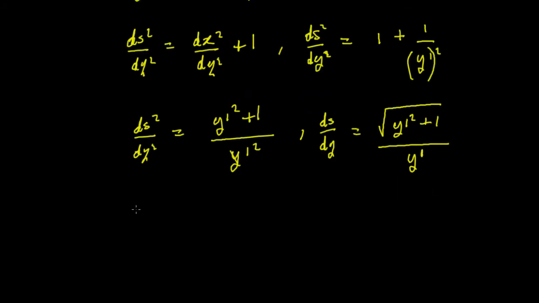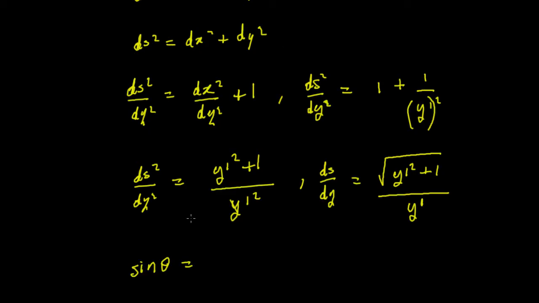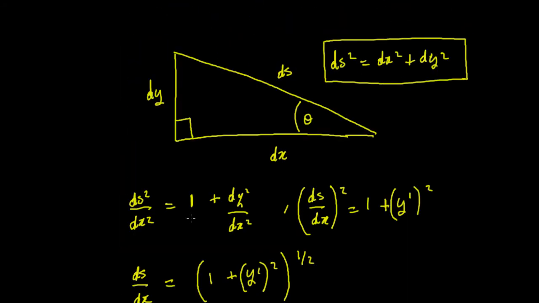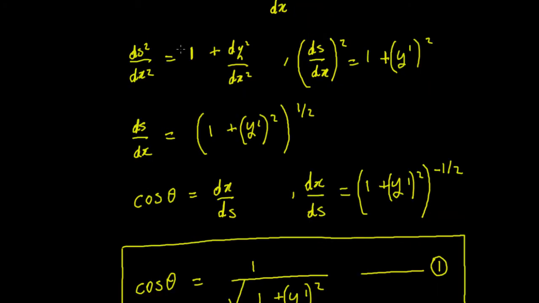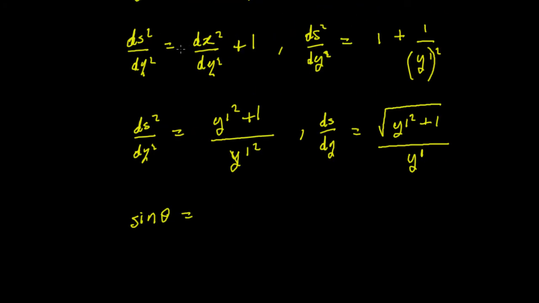Now we know that we can write sine theta, from our triangle up here, sine theta is going to be our dy upon ds. So we can write sine theta equals dy upon ds.